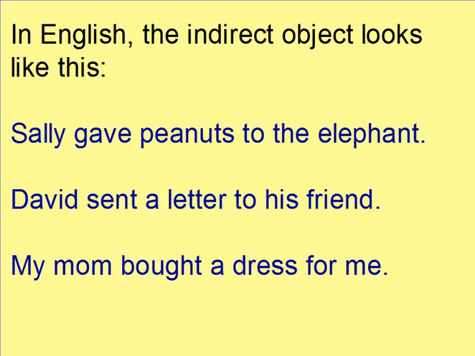Let's look at a few English examples to get an idea of what the indirect object looks like. Sally gave peanuts to the elephant. Sally is the subject in this sentence. We can tell because we can ask who gave. Sally gave. Sally gave what? Sally gave peanuts.